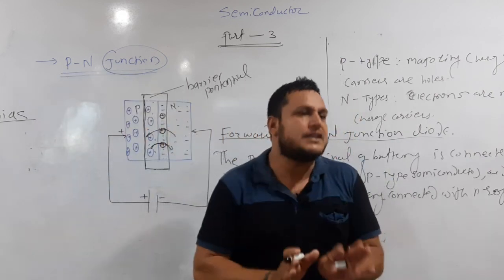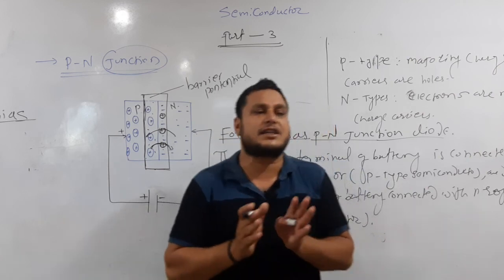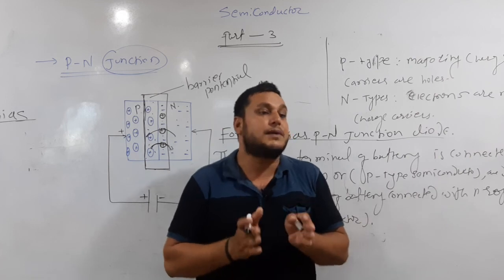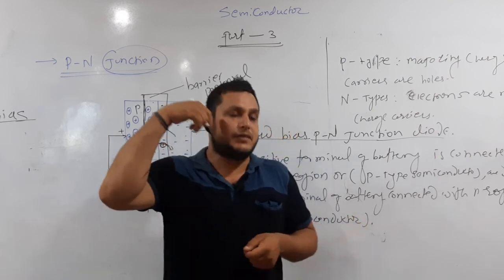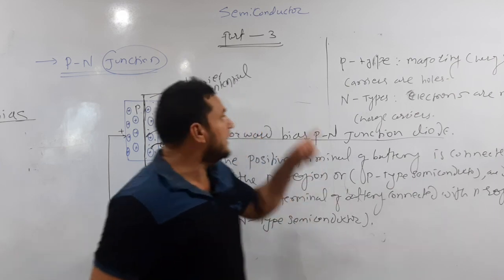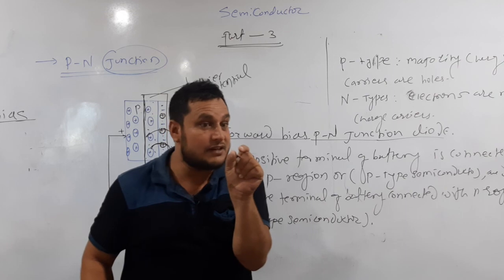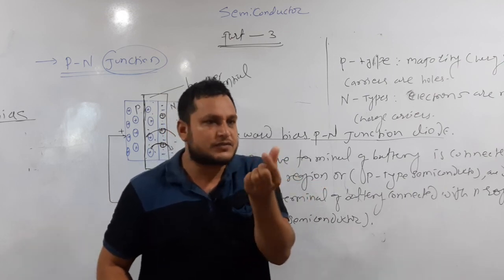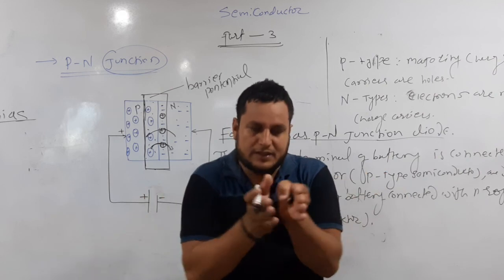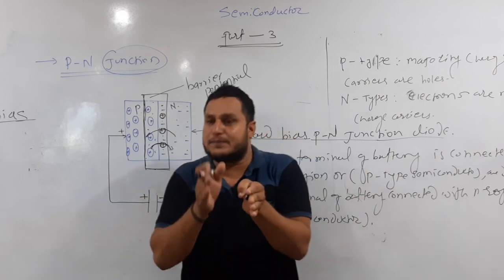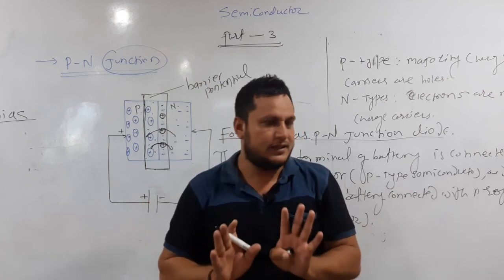If we are dealing with a forward bias PN junction diode, then one thing definitely happens: the width of the depletion layer will be reduced. If the width of the depletion layer is reduced, then definitely the potential will be reduced. Why? Because the surface becomes decreased. So the decrease in the depletion layer affects the barrier potential. Are you agree with me?